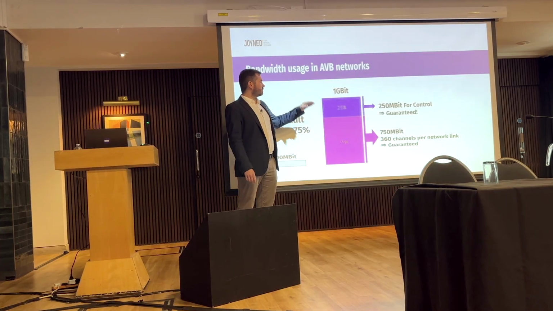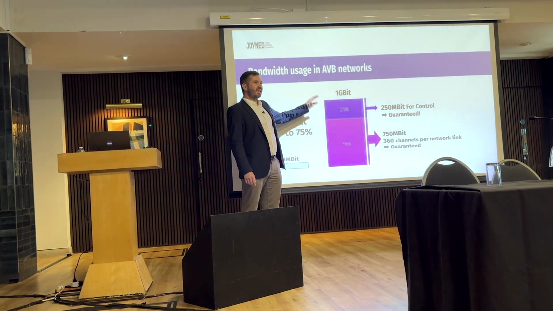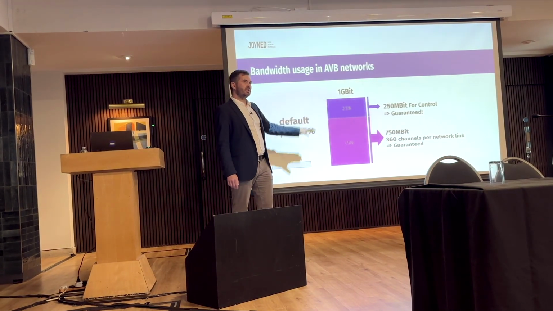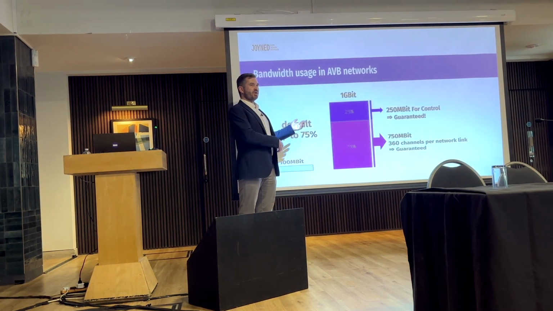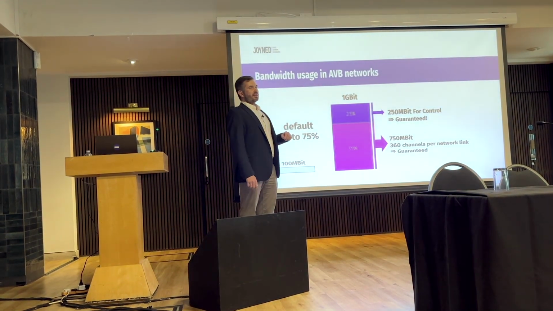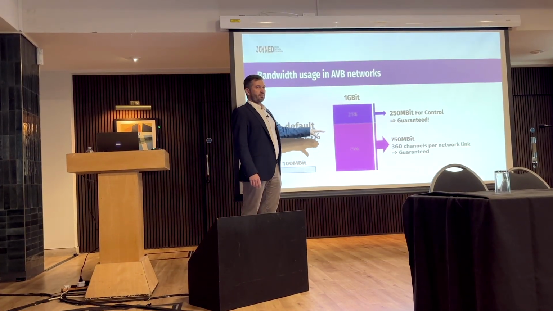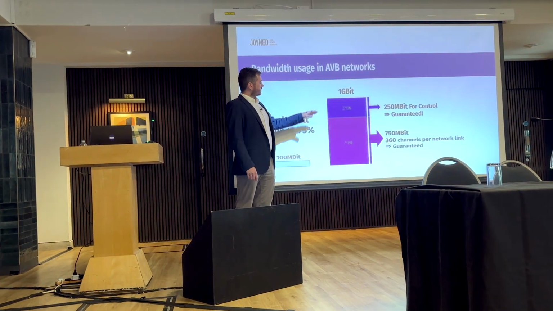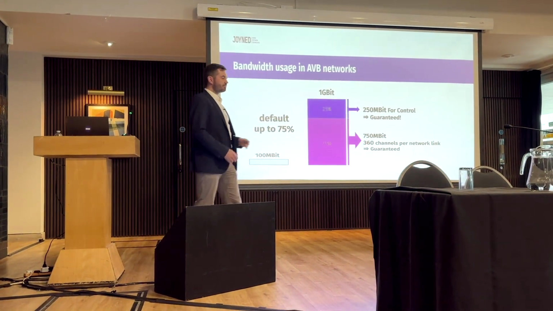So this also implies that these remaining 25% are still guaranteed to be available for control. So it's not only about the guarantee for your audio data, it's also about a guarantee for all the other applications. And if you really need to, you can also adjust these thresholds. That depends a bit on the API of the switches, but in theory, depending on the vendor, you could adjust this value. That's possible.